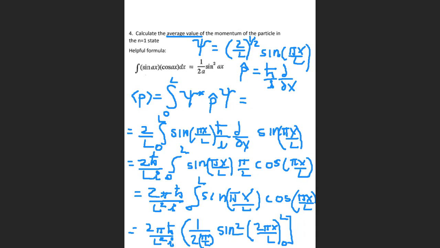Okay. What is the answer? Both the argument at 0 and L equals 0, so the total is 0. All right, questions?